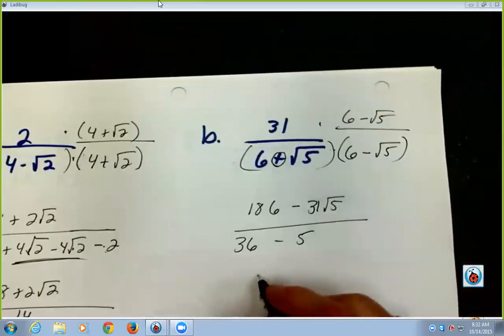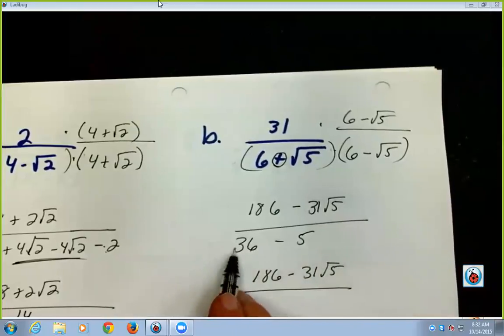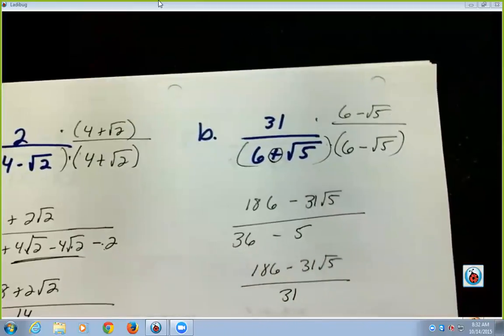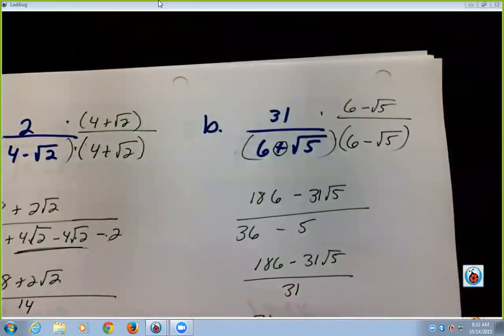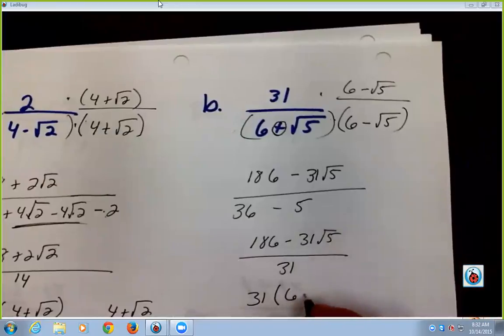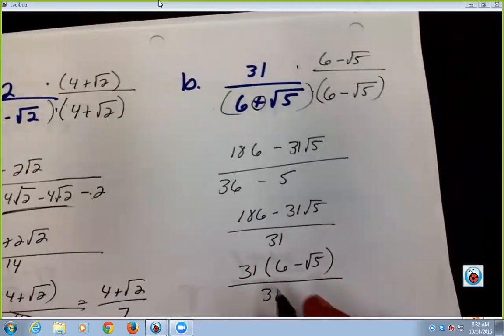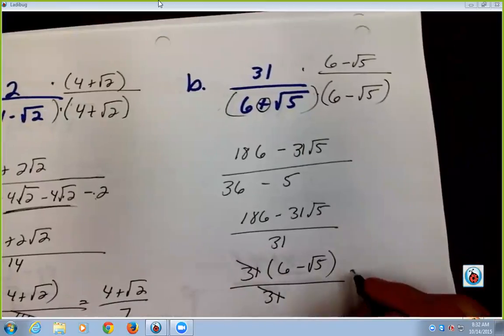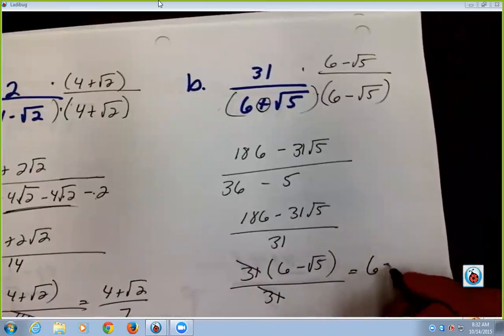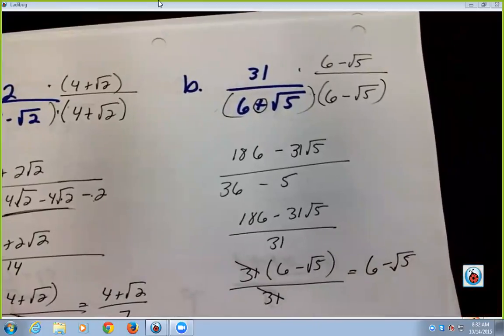So that leaves me with 186 minus 31 square root of 5, all over 36 minus 5 is 31. And I multiplied by 31. Sometimes you don't know till you go through and do it. That it needs to factor right back out again. So 31s cancel. So my answer is 6 minus the square root of 5, since they cancel.